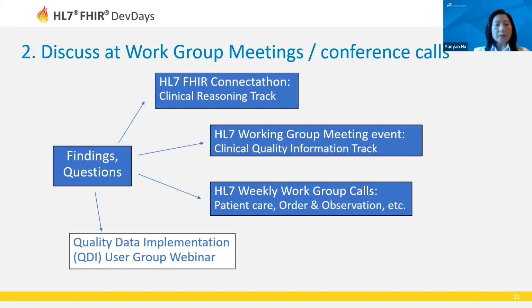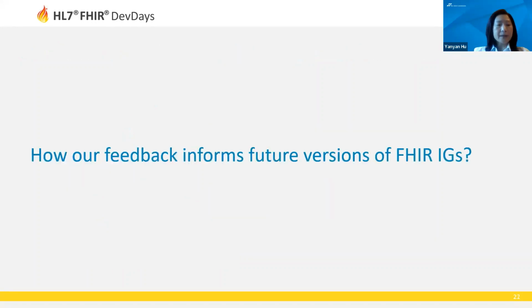Weekly working group conference calls, such as the Orders and Observations and Patient Care working group calls, discuss ballot review, feedback, and any ad hoc requests. The Quality Data Implementation User Group is a non-HL7 call, but it is publicly accessible and convened in the US.